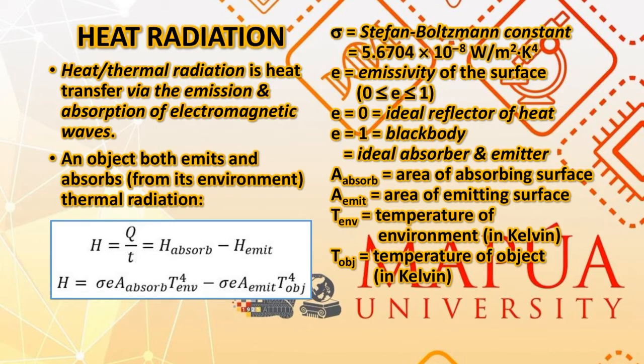H, overall heat transfer rate of the object, is still equal to total heat transferred divided by time. For heat radiation, H is equal to H absorbed minus H emit. H absorbed is the heat transfer rate that is absorbed by the object from its environment, whereas H emit is the heat transfer rate by which the object emits electromagnetic waves.